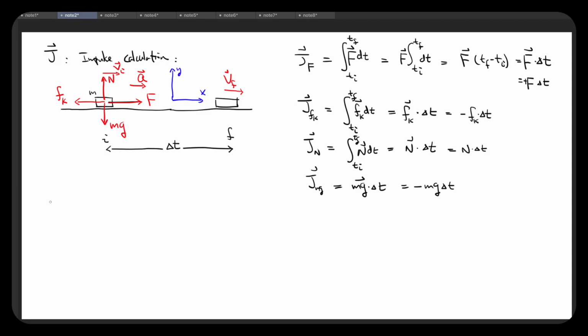Now the net impulse in the x direction is given by the impulse due to force F and the impulse due to Fk. So we have positive F delta t minus Fk delta t, and they give us this force difference times delta t, which is also the net force in the x direction.